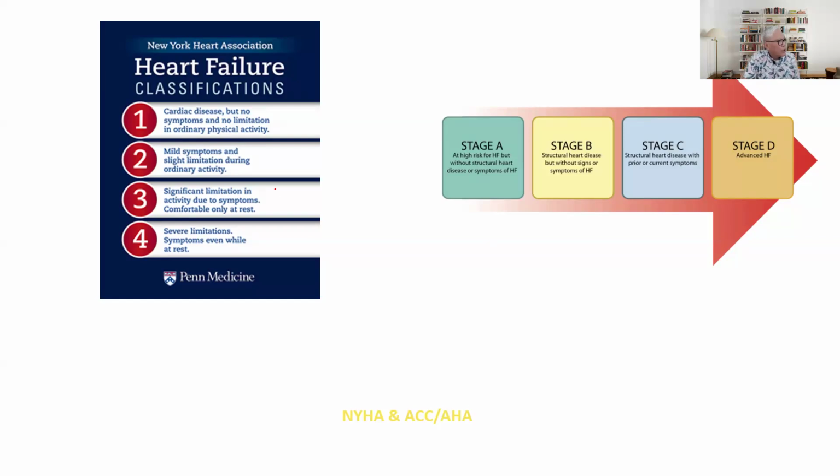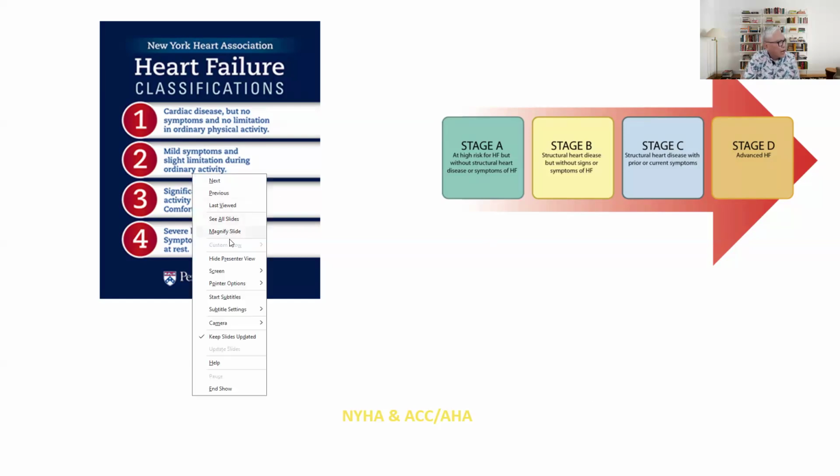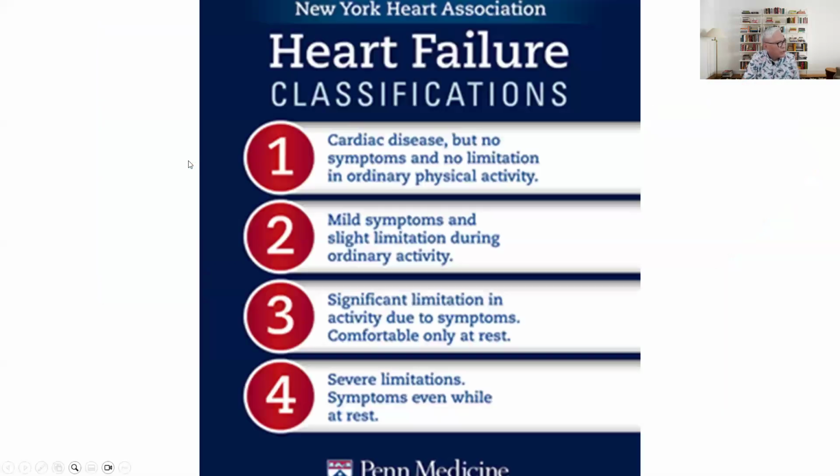The first one is your New York Heart Association, and the New York Heart Association classification is one that measures the functional ability of the patient. So heart failure stage 1 is going to be that there's no limitation, but in patients with stage 4, there's going to be severe limitations.